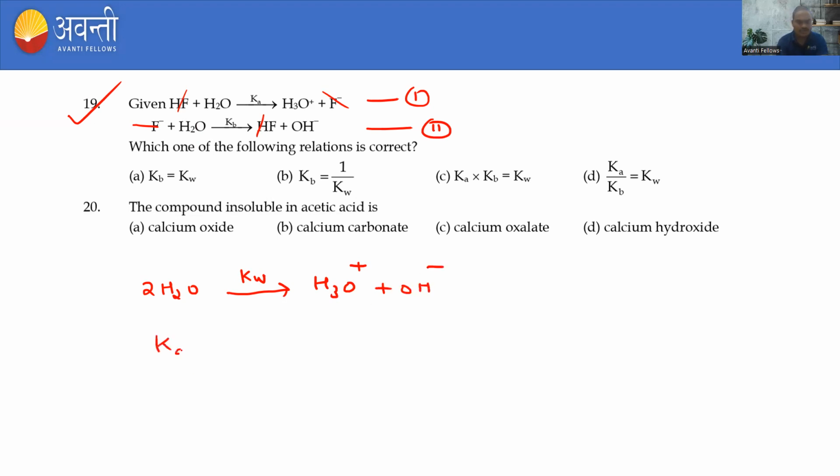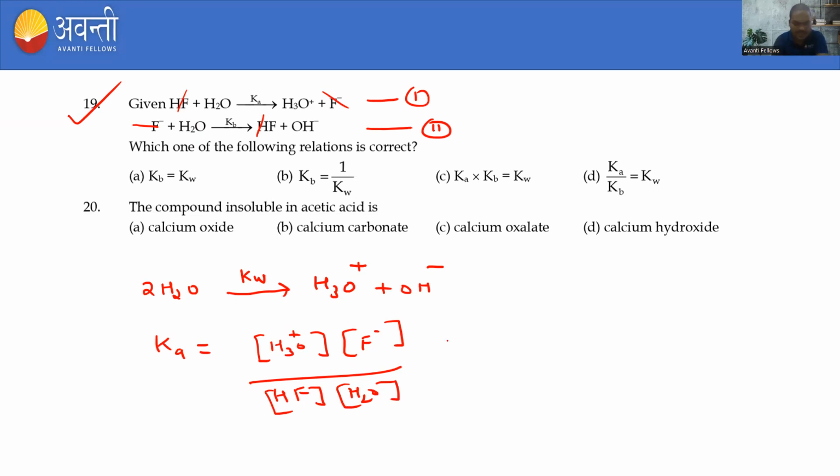If you want to calculate K for this, K comes out to be the concentration of H3O plus times F negative divided by HF and H2O. So this is the Ka.